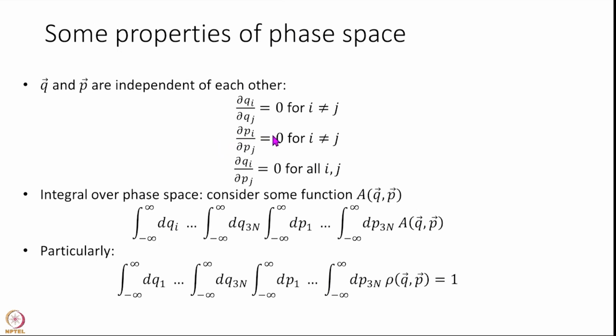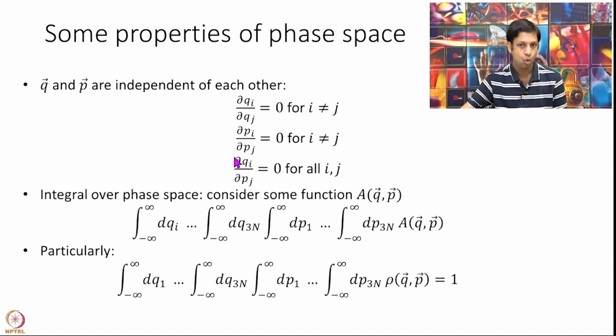The same applies for pi's and pj's. All the momentums are independent of each other, but what might come as a little bit of a surprise to you is that del qi over del pj is 0 for all i, j.